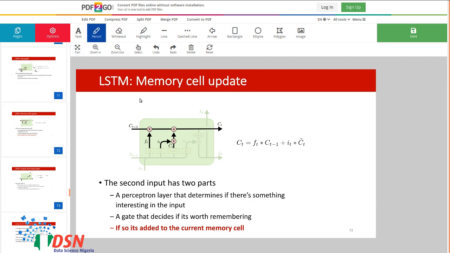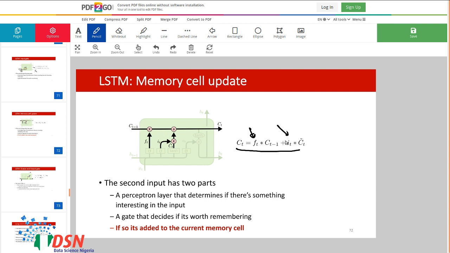And after that we have the memory cell update. For the cell update, C of t is equal to f of t, the forget gate output, multiplied by the previous cell state, because it determines how much we want to forget from the previous cell state.